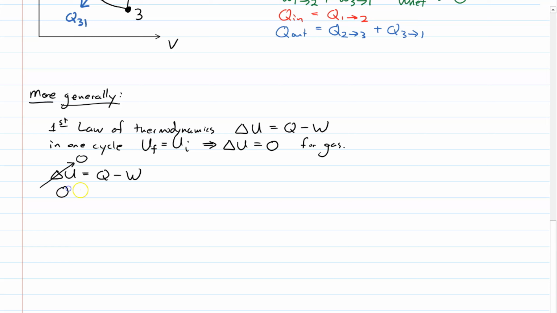Remember that Q is the heat added to the gas, and W is the work done by the gas.